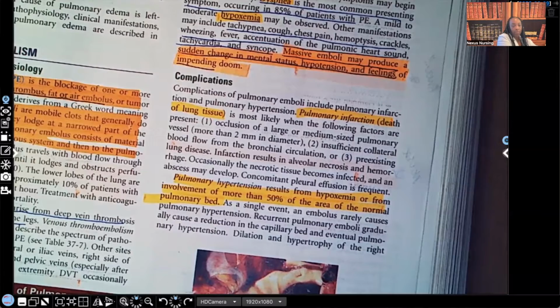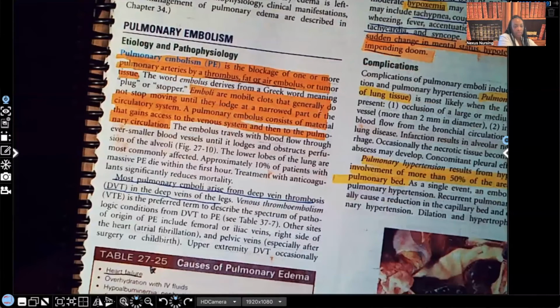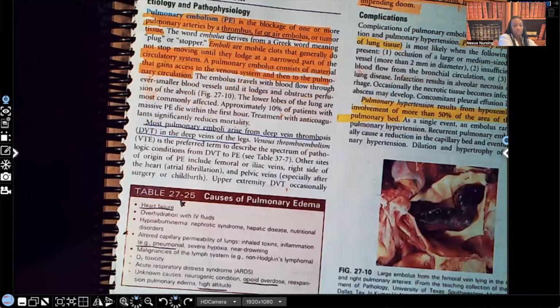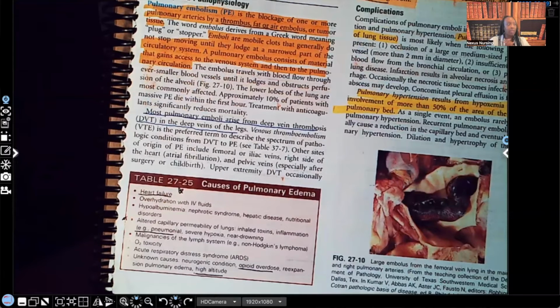Now, before I move on to the next page, I want you guys to take a look at the table on the bottom. Causes of pulmonary edema. I want you to pay attention whenever you're studying, you're reading, and you notice that the author has already given you information in one form, in a text, and they take their time to give you that same information in another format, such as a table or a diagram or a chart or an illustration.